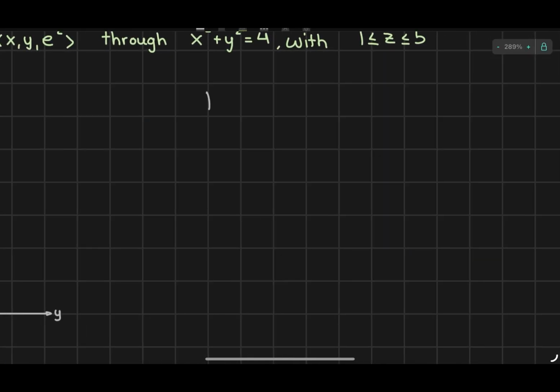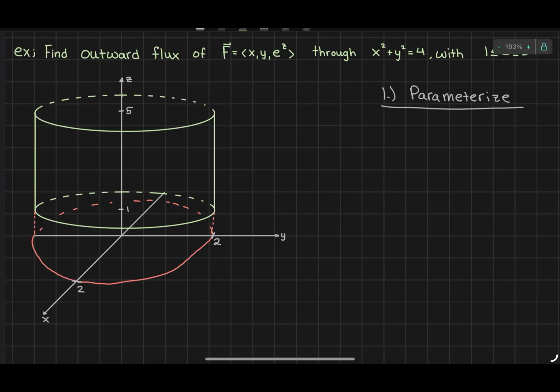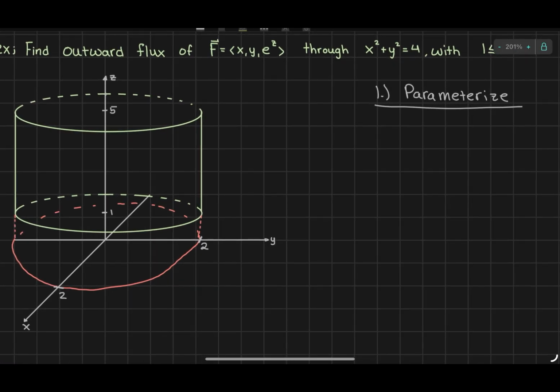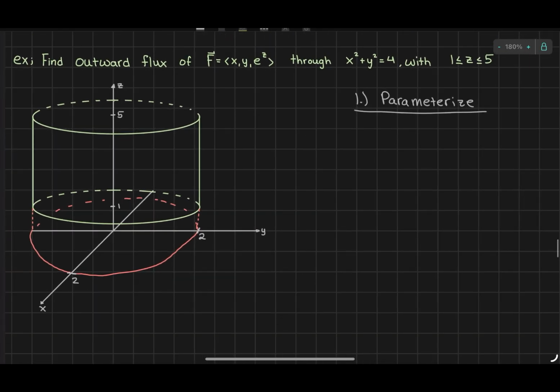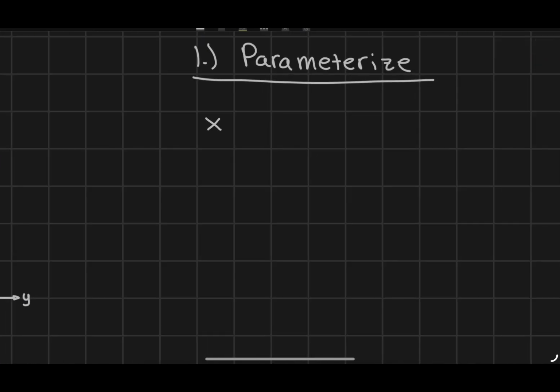So let's just go ahead and parameterize. I suppose just note that we have a cylinder here. There's kind of a technique named after it, and we're going to be using cylindrical coordinates. Our radius is going to stay constant throughout this, meaning our parameters are going to be theta and z. But let's just go ahead and convert this first.